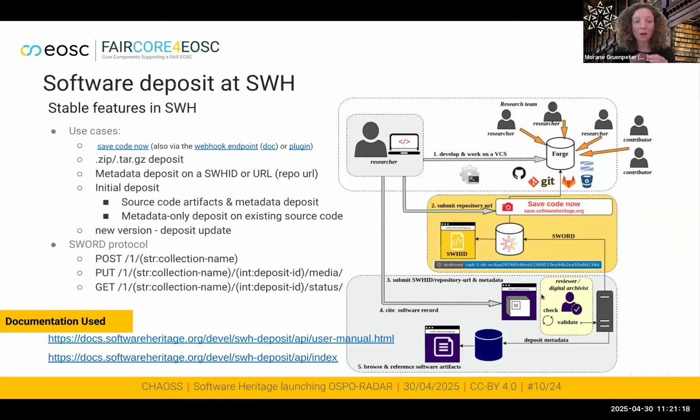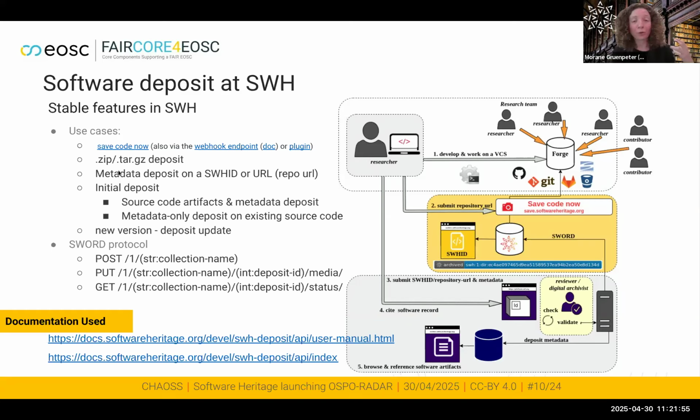And this software gets a metadata record in the scholarly infrastructure and the full development history, which was developed on the Forge, in Software Heritage. Different use cases here are possible. So the first one was the Save Code Now. For those who do not know the Save Code Now, it's just like the Wayback Machine, putting a link, and everything is on Software Heritage if it's open in a forge that's accessible online.